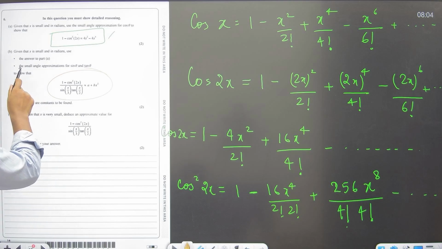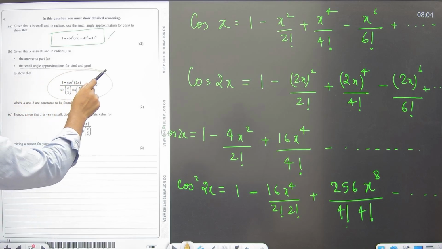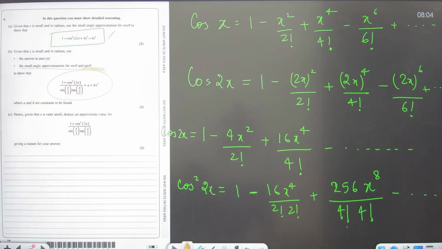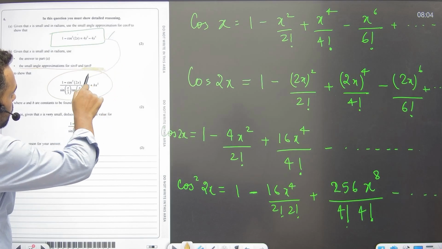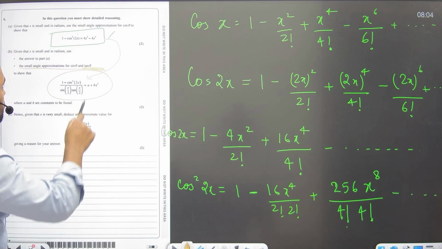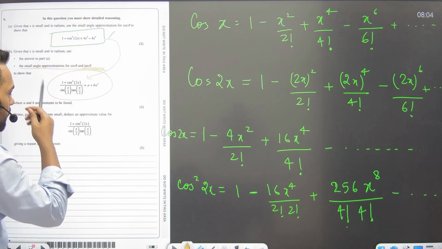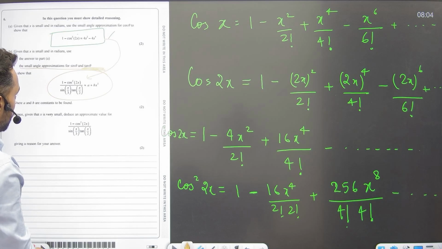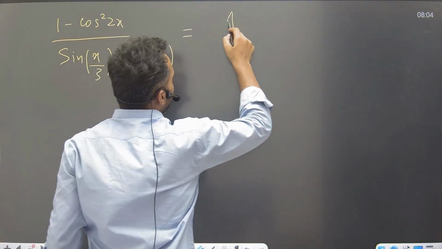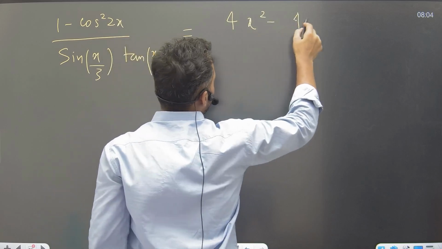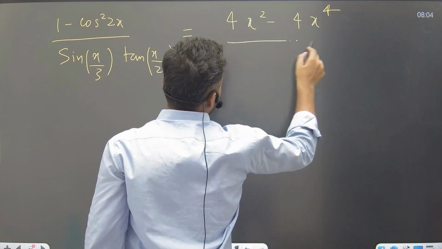Here in the question it is mentioned the small angle approximation for sin theta and tan theta. So 1 minus cos square 2x, we need to plug in the value from the above part which they have given us, that is equal to 4x square minus 4x to the power 4. This they have given.